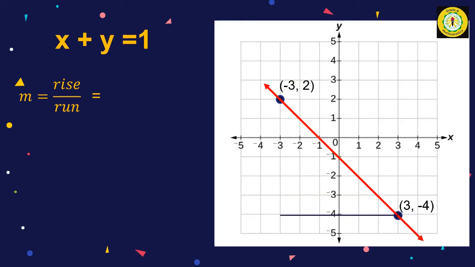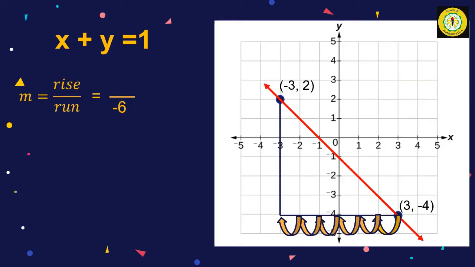From (3, -4), bibilang po tayo pa-left hanggang sa tapat ni point (-3, 2). So 1, 2, 3, 4, 5, 6. So we have 6 run. Dahil pakaliwa tayo, it means negative 6.